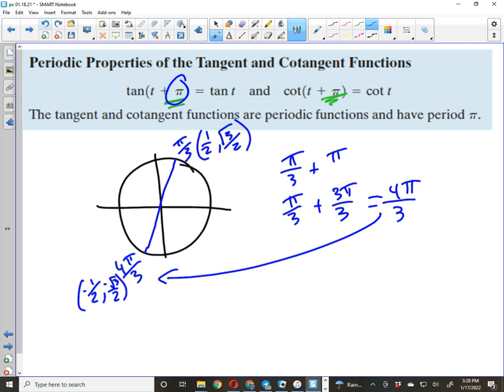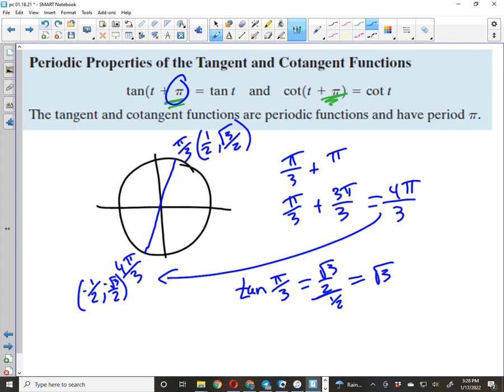And again, if I find the tangent of pi over 3, that's going to be root 3 over 2 divided by 1/2, which is equal to root 3.